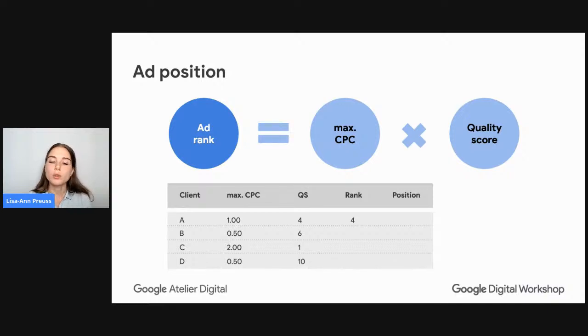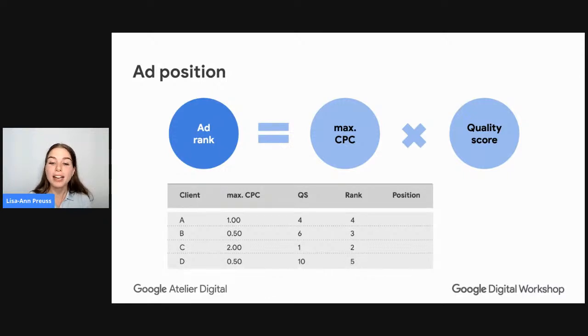Client B has a quality score of 6, giving him an ad rank of 0.5 times 6, so 3. Client C has a very poor quality score of only 1, giving him an ad rank of 2 times 1, so just 2. And client D has an ad rank of 0.5 times an amazing quality score of 10.